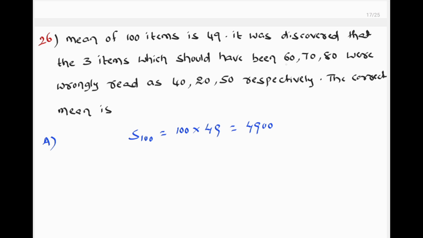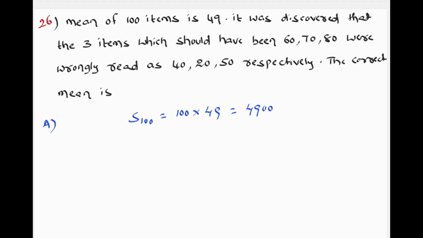For the 60 taken as 40, so 20 was subtracted. 60 should have been taken, 40 was taken; 70 should have been taken, 20 was taken; 80 should have been taken, 50 was taken. So we have to take 60, 70, 80, but unfortunately or by mistake they have taken only 40, 20, 50.